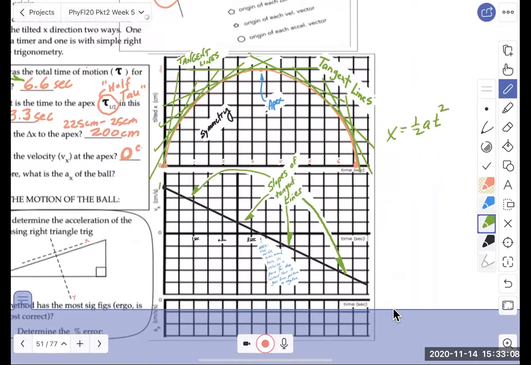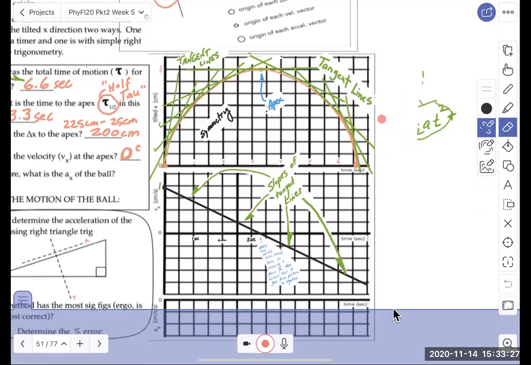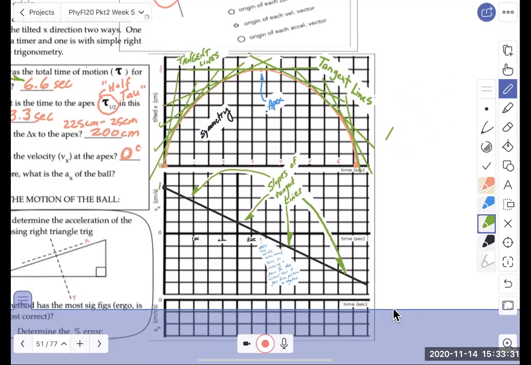Actually, that is not the equation for this one, because it did not start at 0. So this has an additional part to it. I'm going to back off that, because it's going to give you a misconception. Let's just say that in very general terms, it's x equals kt squared.